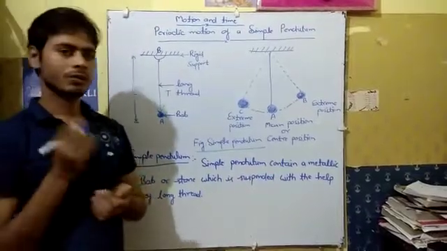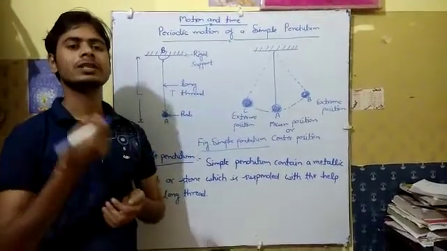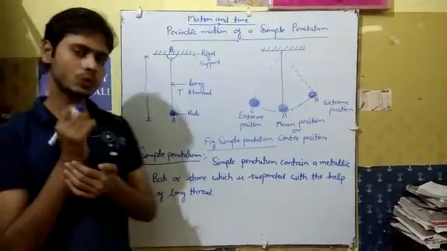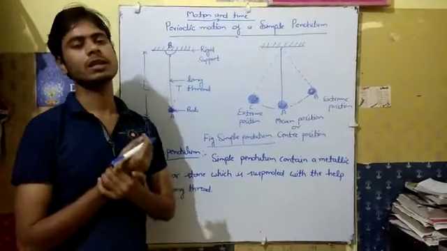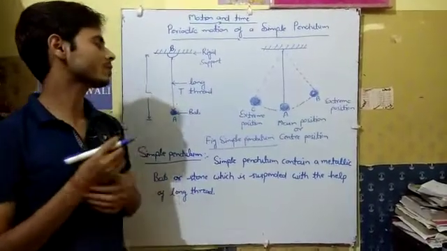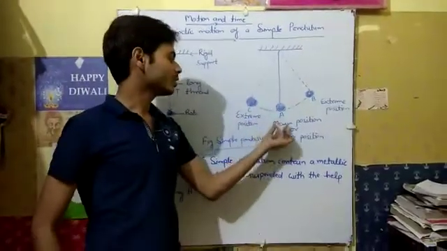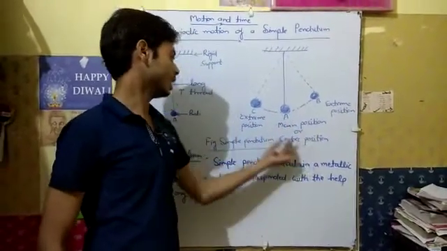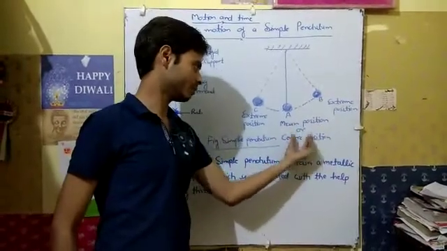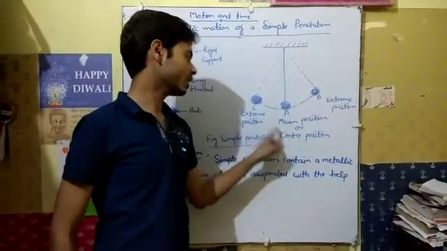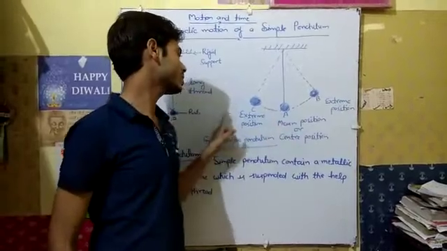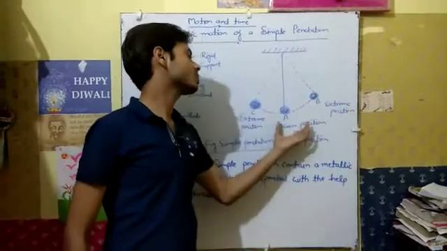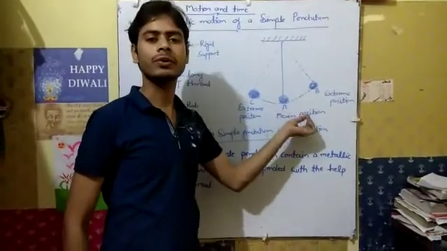And now next we understand what is the oscillatory motion. We already discussed oscillatory motion or oscillation. What is the oscillatory motion? To and fro motion is known as oscillatory motion. What is the to and fro motion? When the pendulum goes from its initial position, the mean position, also known as the center position, to its extreme position, and after that from the extreme position back to the mean position, it is known as to and fro motion.